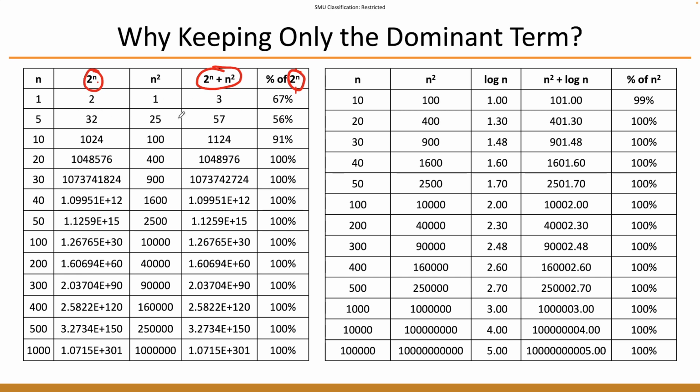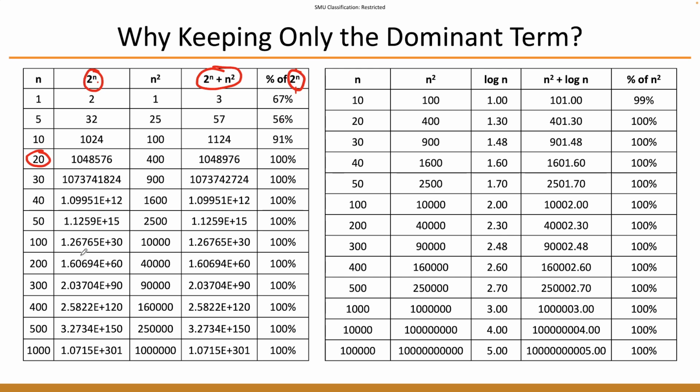But as n's value increases, just the moment you reach 20, this percentage is 100%. You cannot say that n squared doesn't contribute, it still contributes, but it's just a very, very little fraction, so you cannot even see it in the decimal places. This is the reason why, after you go above n equals 20, the n squared term doesn't matter anymore, right?